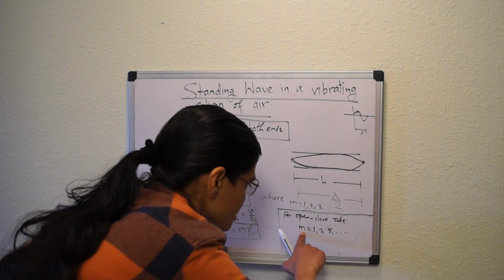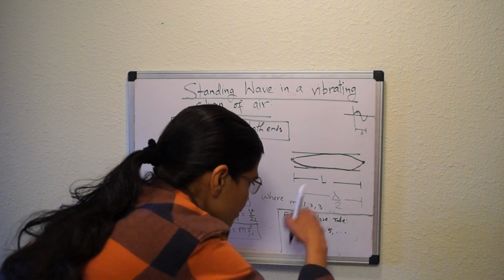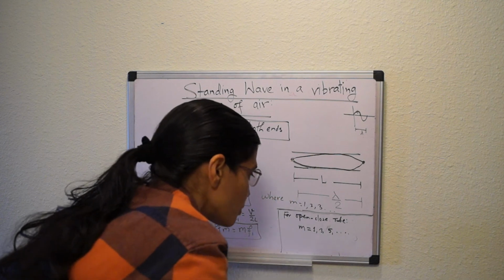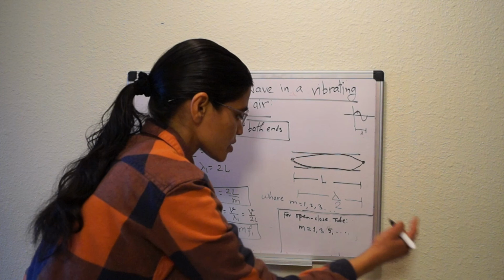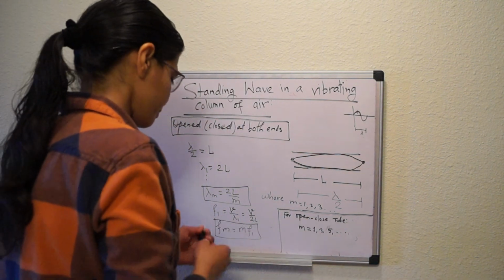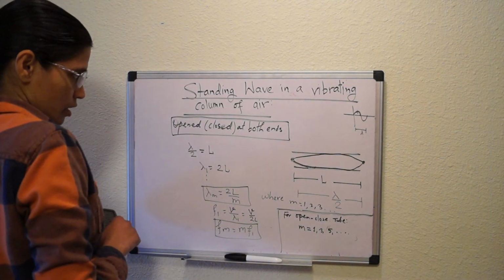The difference is because this m has to be an odd number here, not an even number. The even numbers cannot be included when one end is open and one end is closed. So m equal to 1, 3, 5 and so on. Beautiful. Alright guys, so that's about the standing wave in a vibrating column of air.